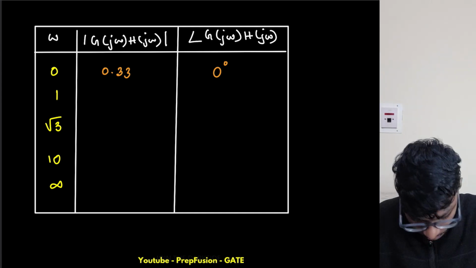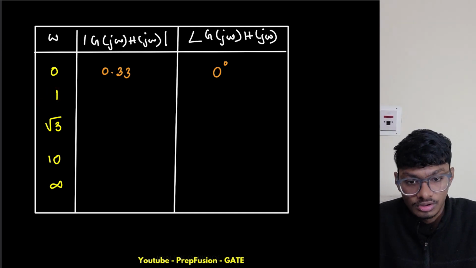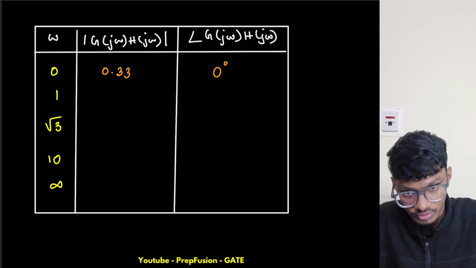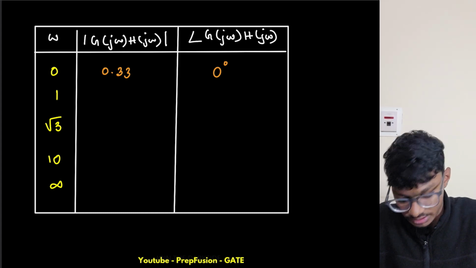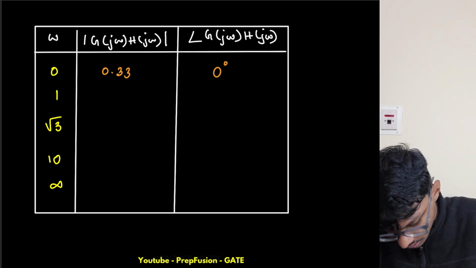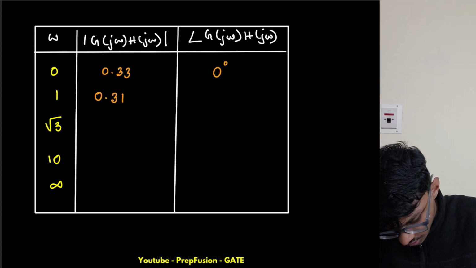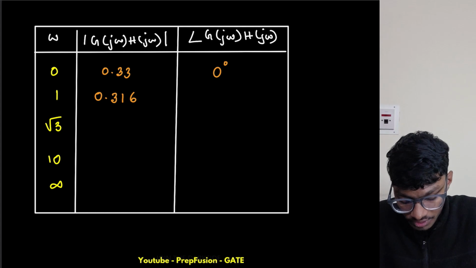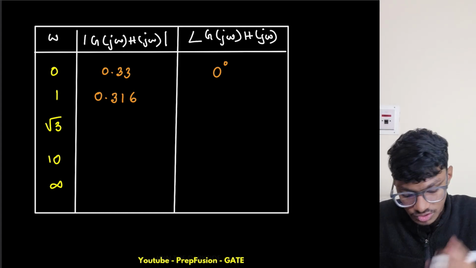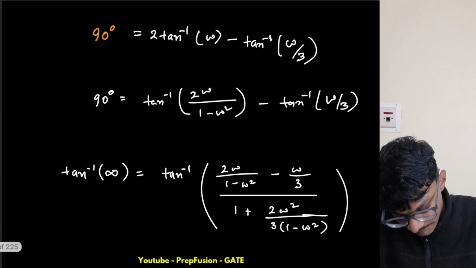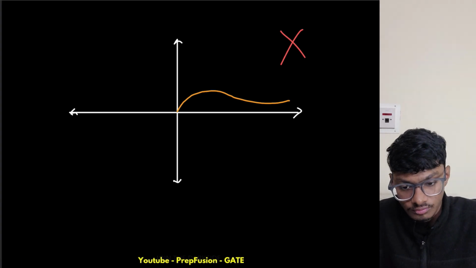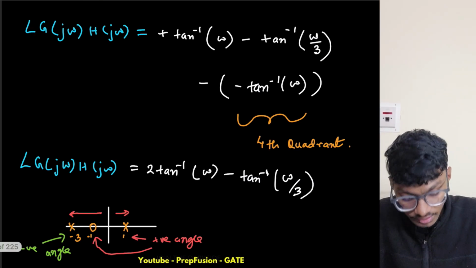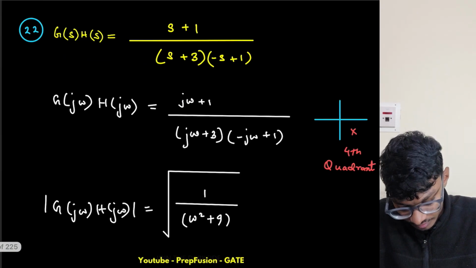Now what is at omega equals to 1? I've already written down, it is 1 by under root 10, so the value is 0.316, right? Now what is the angle at omega equals to 1? If I put omega equals to 1 over here, tan inverse omega by 3 is, try to remember what is tan inverse 1 by 3. All these things you have to remember.